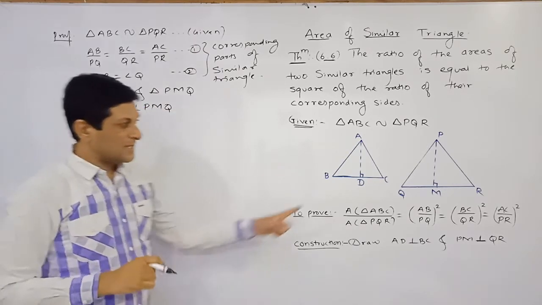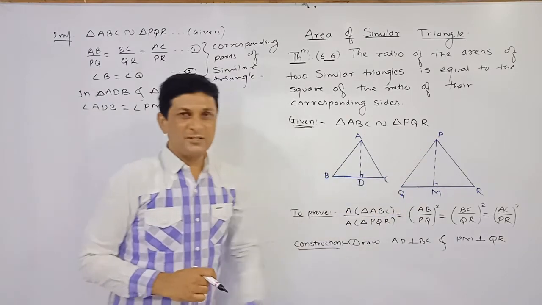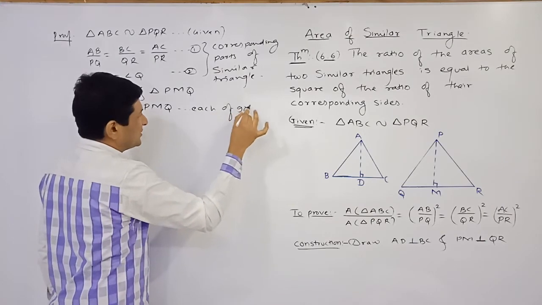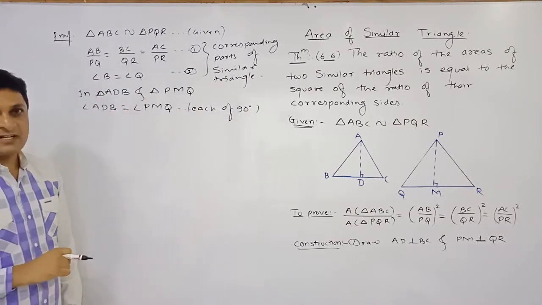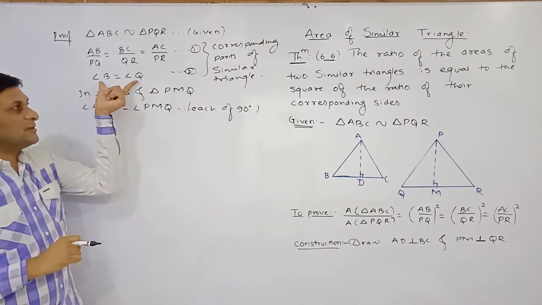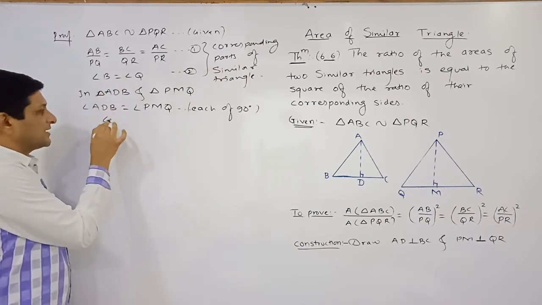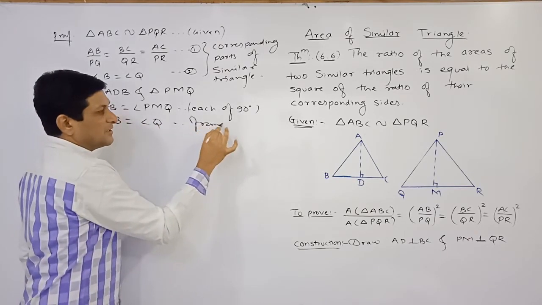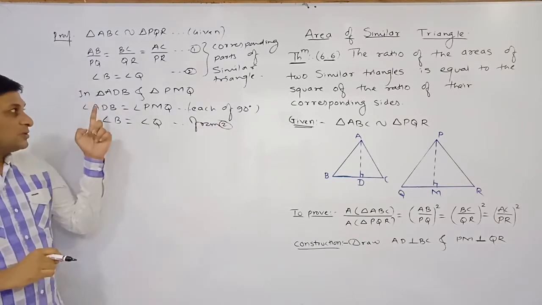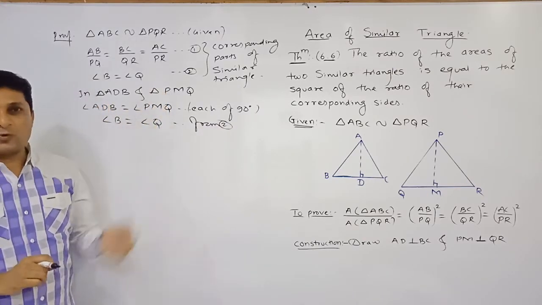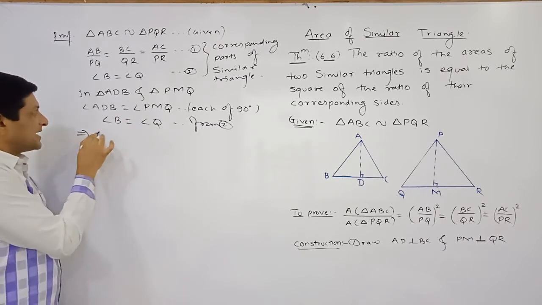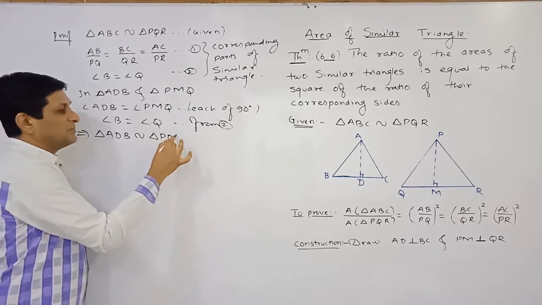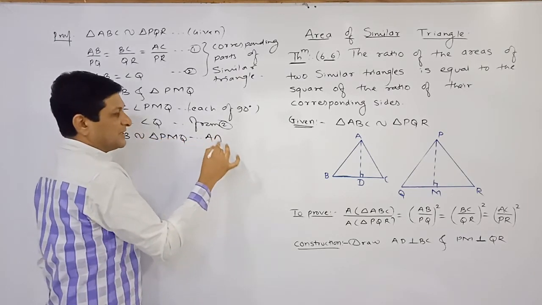Observe these two angles: each is 90 degrees. Give the reason that these two angles are of measure 90 degrees. And again from equation number 2, angle B is equal to angle Q. Now we have shown that two angles of the first triangle are equal to two angles of the second triangle. So it implies that triangle ADB is similar to triangle PMQ by AA criterion.